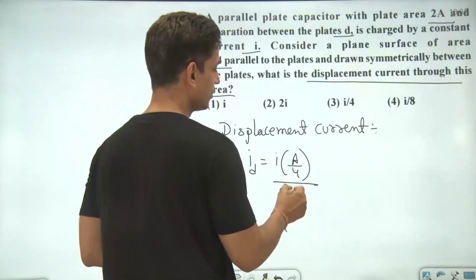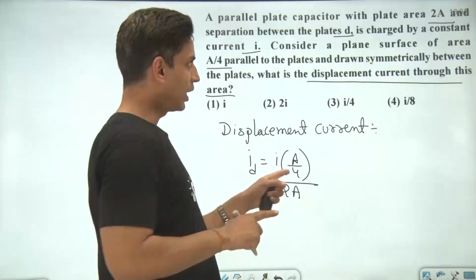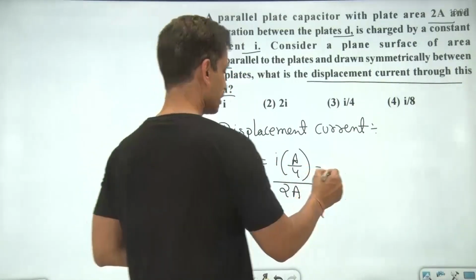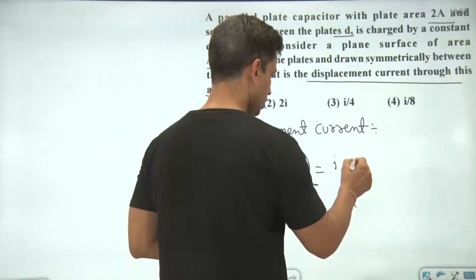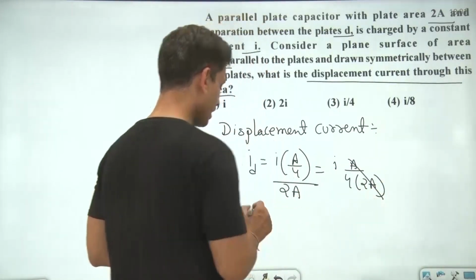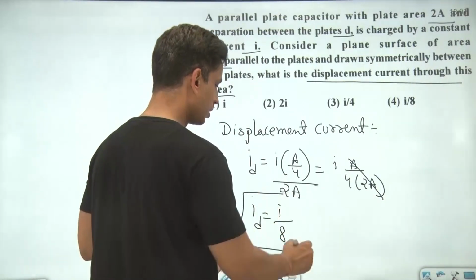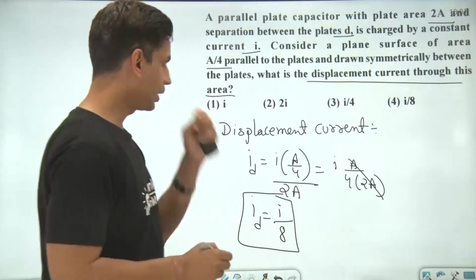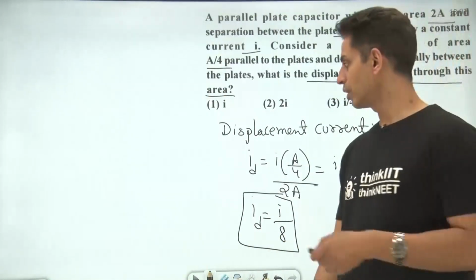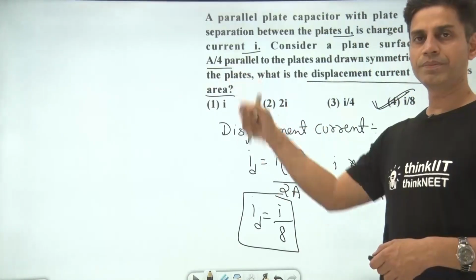So divided by 2A. That is the displacement current through this area. So it is I times A by 4 divided by 2A. The A will cancel and the displacement current comes out to be I by 8. Option number 4th is the correct answer. Got it? This is the expression of the displacement current for this area.